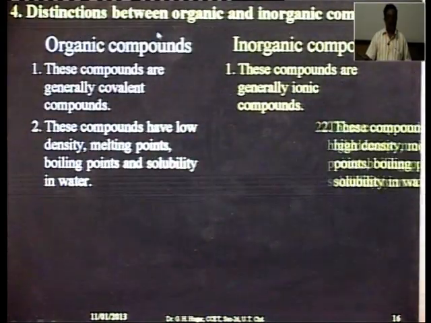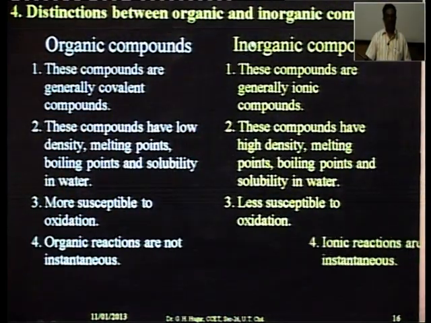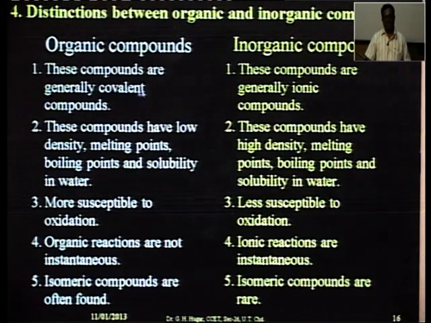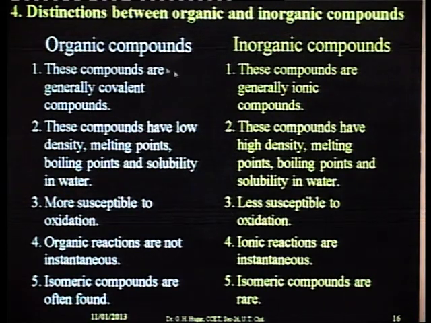How do you distinguish organic and inorganic compounds? They can be distinguished very clearly. Number 1, organic compounds are generally covalent compounds and essentially contain carbon and hydrogen as constituent elements.